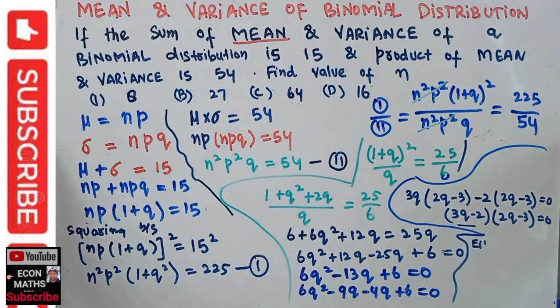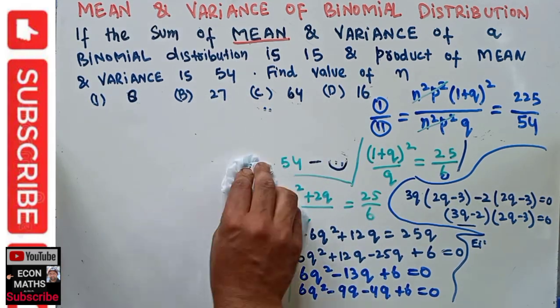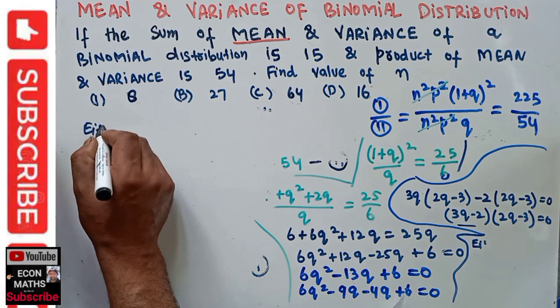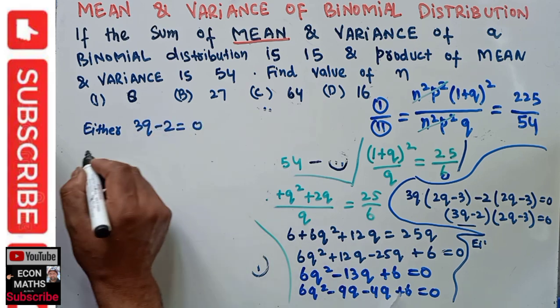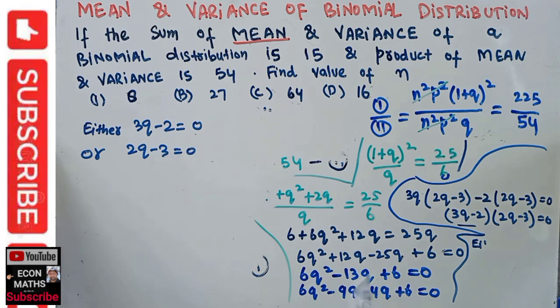I don't have space here, let me create the space. It implies either 3q minus 2 is equal to 0, or 2q minus 3 is equal to 0.